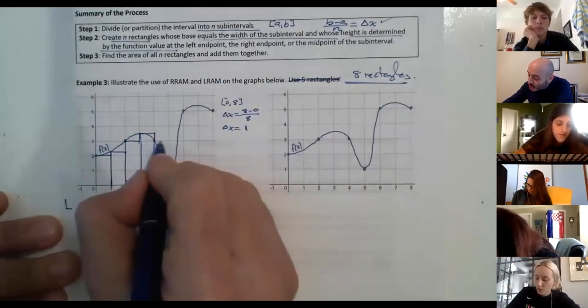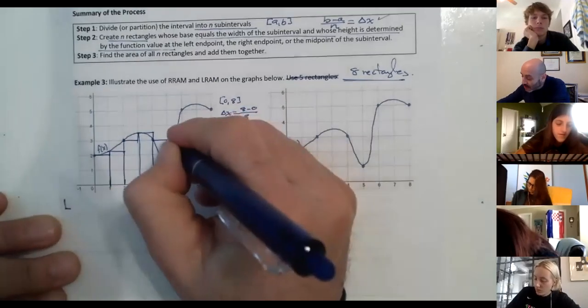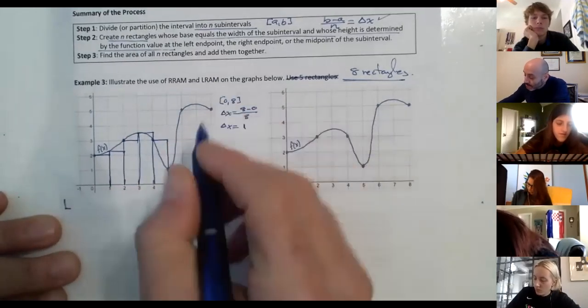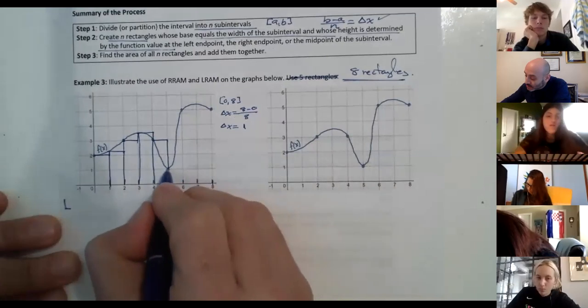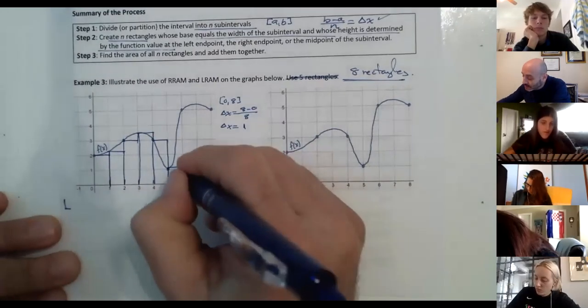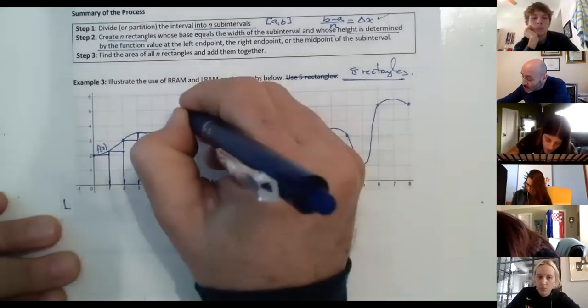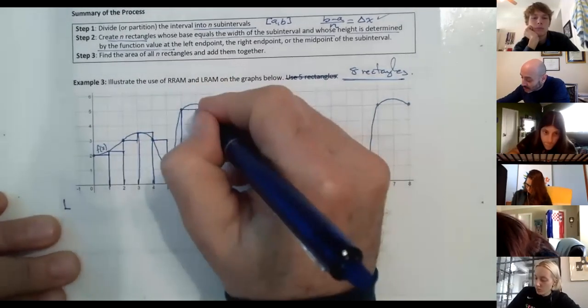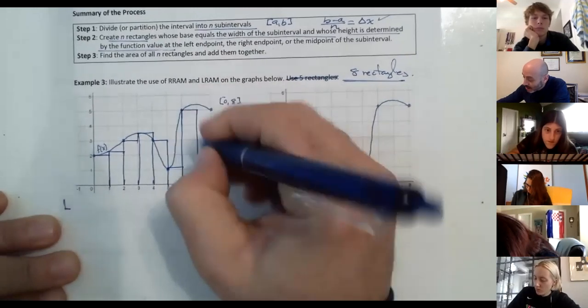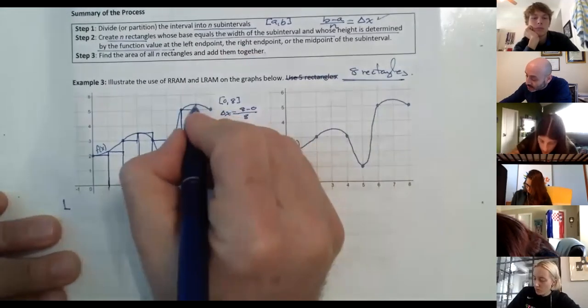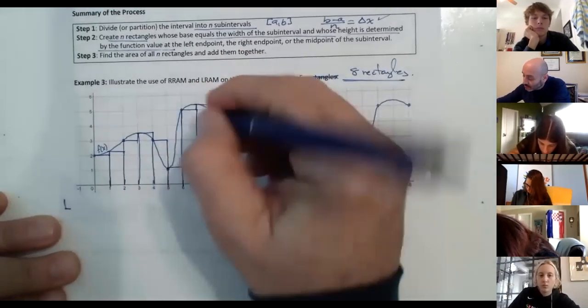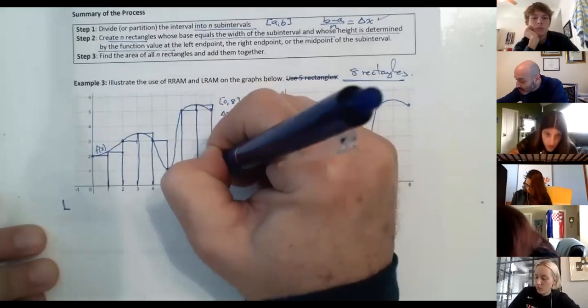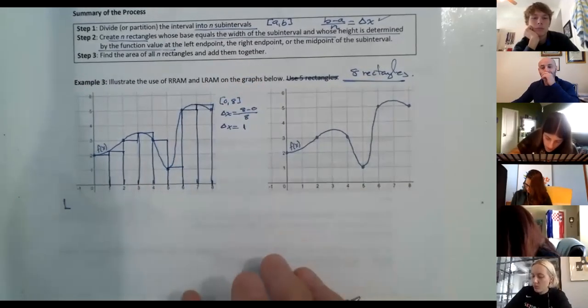Remember, I'm using the left endpoint to determine the heights. So on this one is going to be this here. For this one is going to be that one. And for this one is going to be this here. So these are my rectangles, okay?